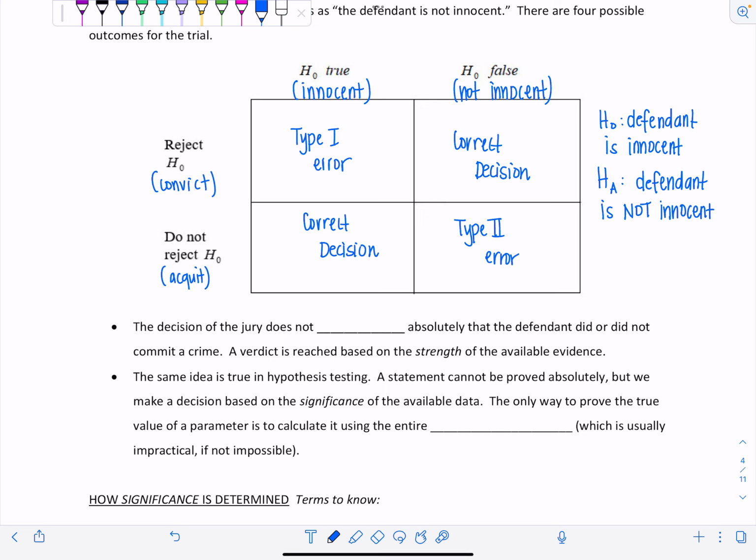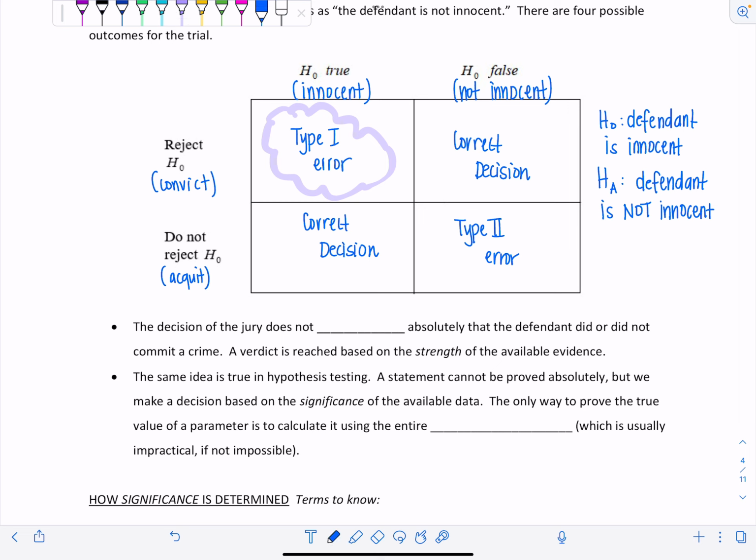Okay? So basically, we want to limit type 1 error when we conduct hypothesis tests. We want to limit how many innocent people we convict. And in doing so, a little bit more type 2 error has to occur. But type 1 error is considered more severe. Now, keep this in mind too, because this is just like hypothesis testing.